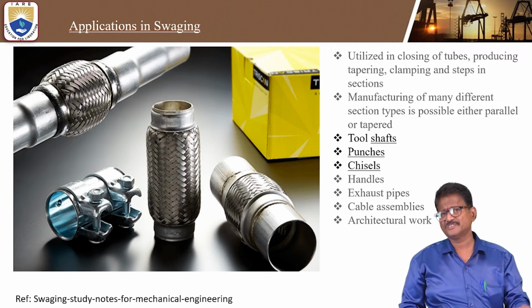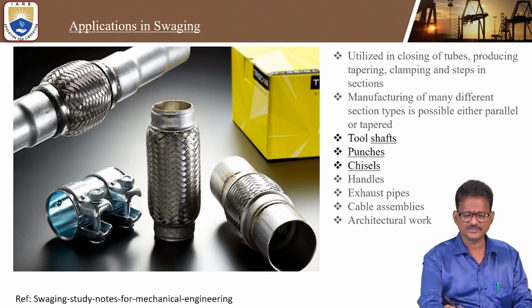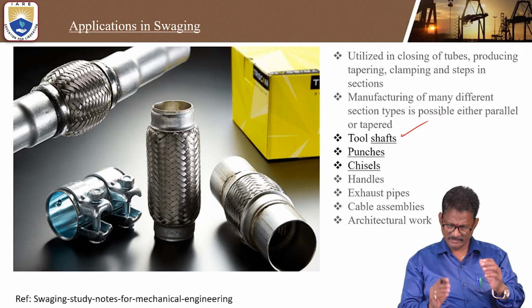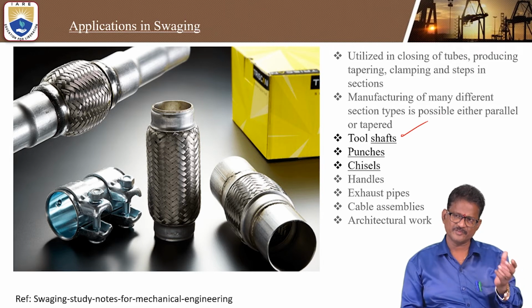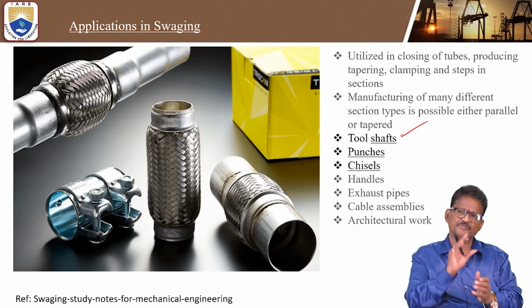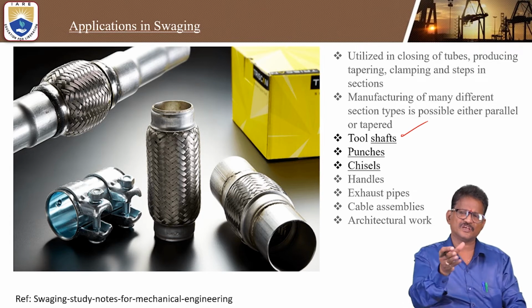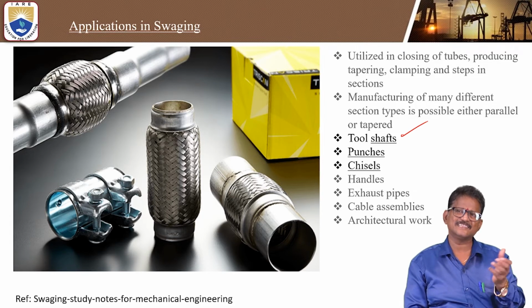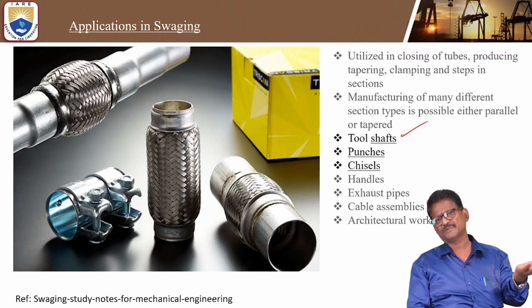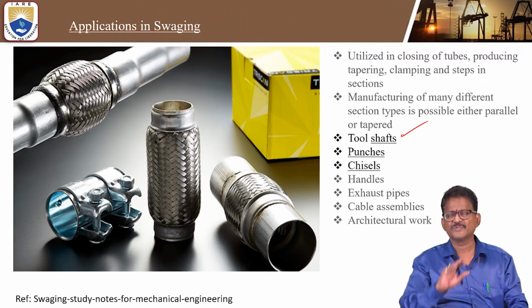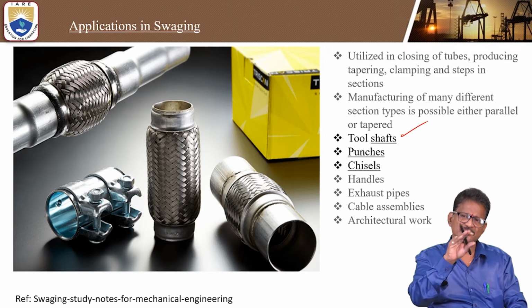The main application for swaging is tool shafts. Tool shafts are one of the most vital applications, along with punches making some hollow portions, and chisels. Chisels are made by this swaging process because a chisel may have uneven and tapered shapes.